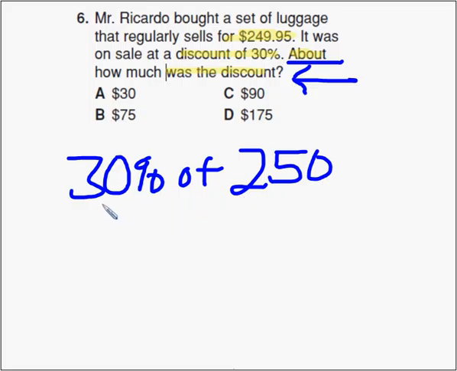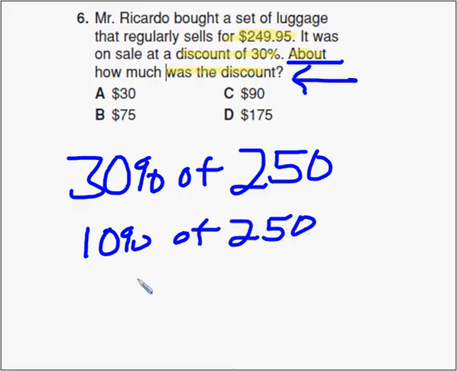So my strategy, if it's a multiple of 10, I can find 10% all day long. 10% of 250, and we've been doing this in class, is 25. So 10% equals 25.